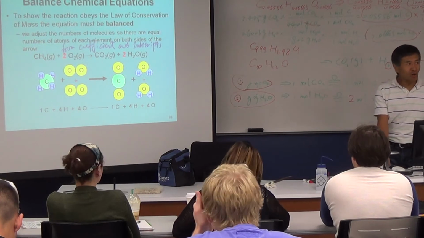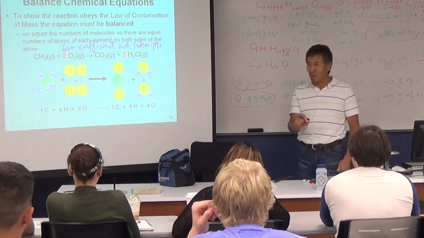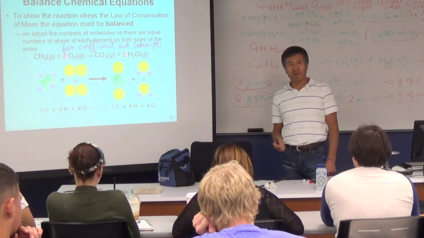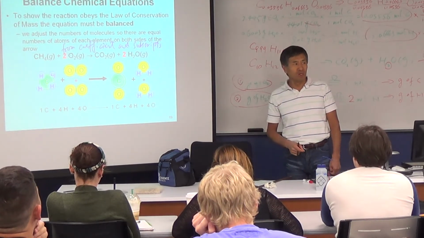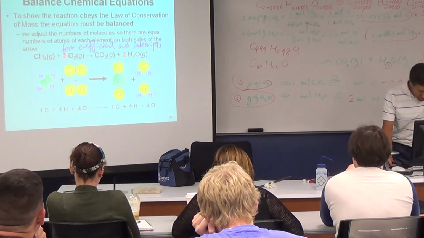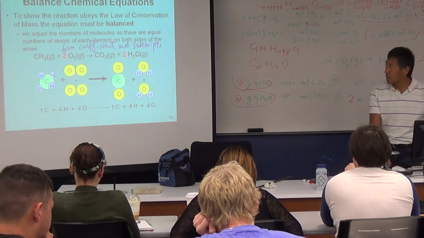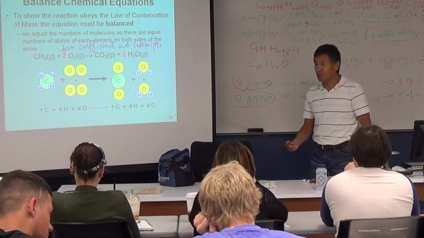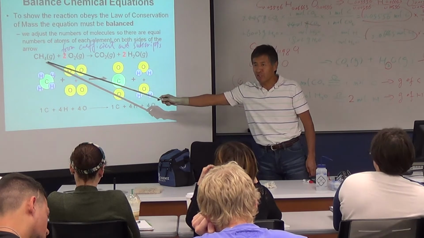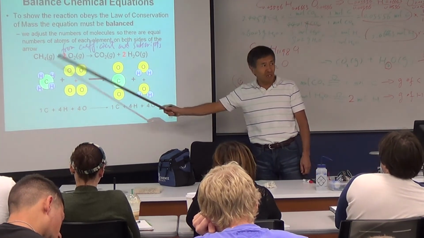You get the total number of atoms on the reactants and on the products. I think for this example, we can see we have 1 carbon. 1 carbon comes from this 1 methane. So each methane is 1 carbon. Therefore, we write 1 carbon on that side.